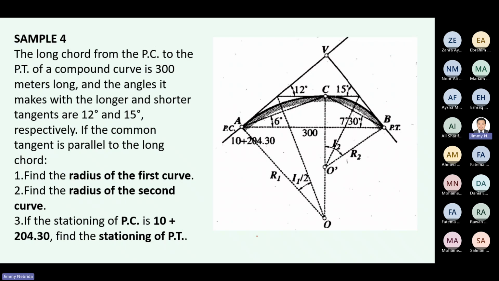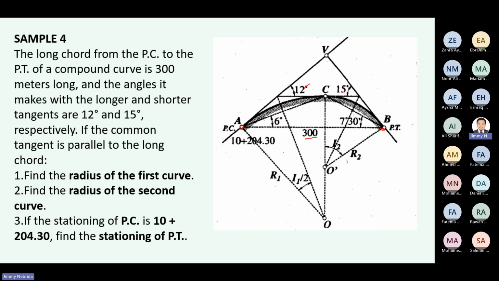So we have here a long chord from PC to PT. If a compound curve has a long chord from PC to PT of 300, the angles it makes with the longer and shorter tangents are 12 and 15.